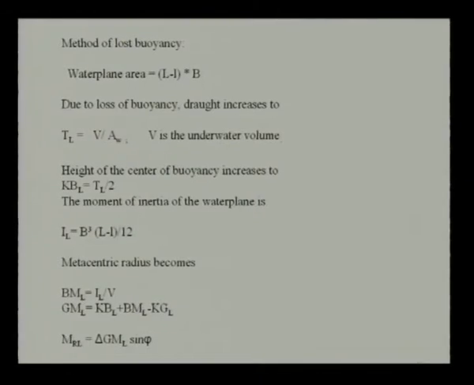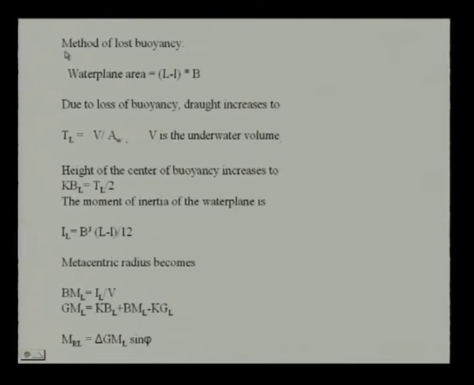But in case of lost buoyancy, you do not have to do that, because what we have assumed in that is this volume is not part of the ship. So, that water is not part of the ship, so there is no free surface movement. So, these are the two, and this is the whole set of calculations that you need to do.